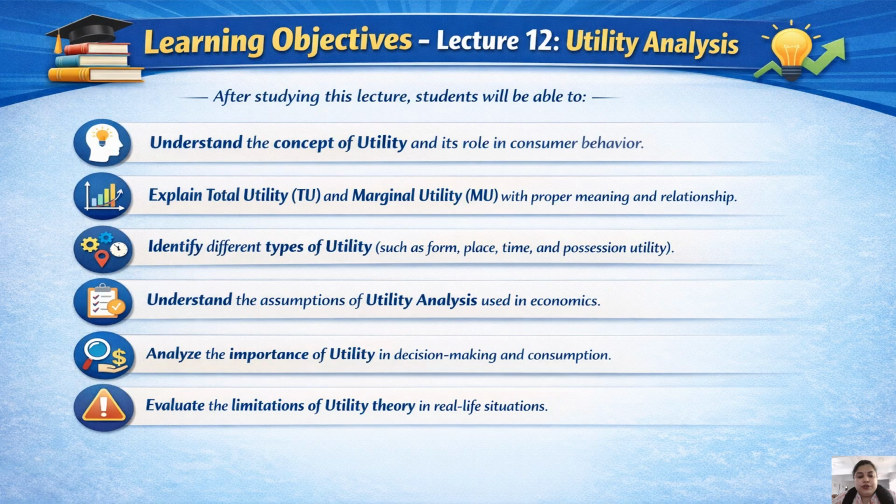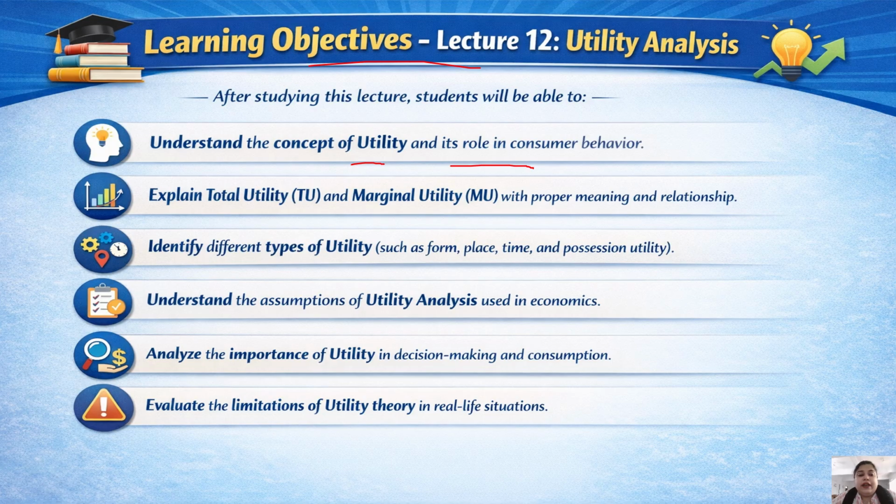Before moving to the next slide, let's see the learning objectives of utility analysis. From this lecture, you have to understand the concept of utility and its role in consumer behavior, and also explain total utility and marginal utility with their proper meaning, graphs and diagrams, and their relationship.